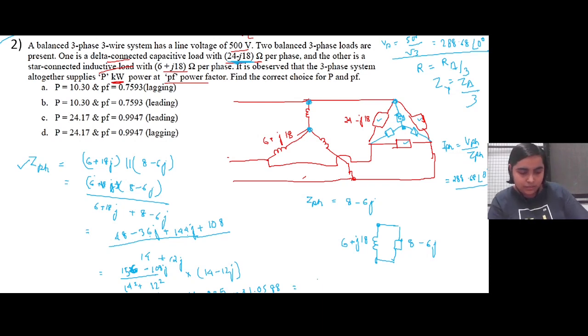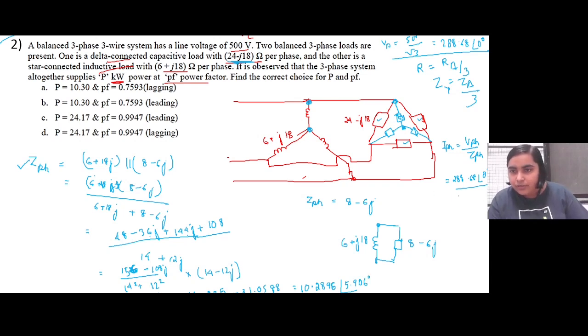So it is the square root of 10.235 squared plus 1.0588 squared, which is 10.289, and the angle will be tan inverse of 1.0588 by 10.235, which is 5.906.